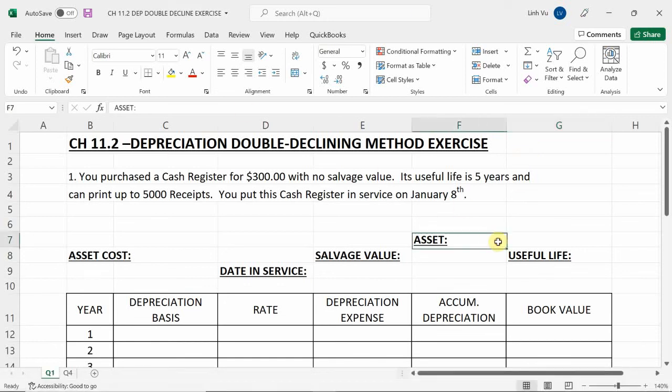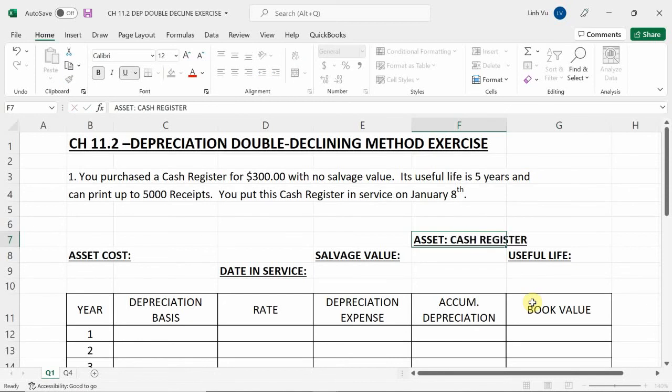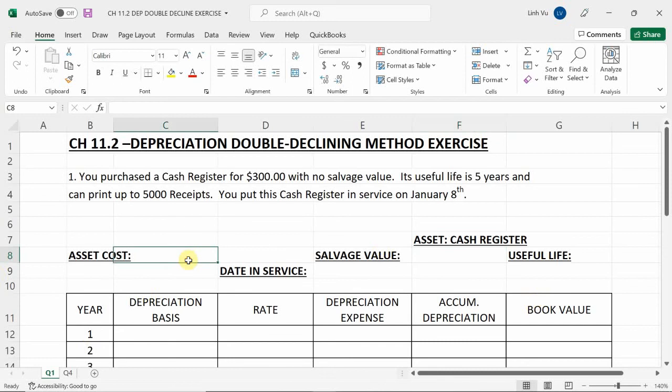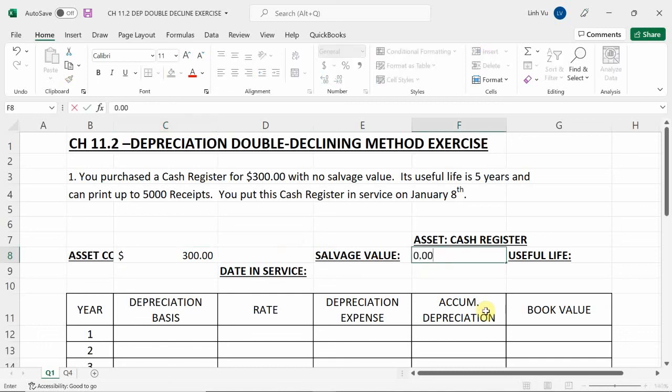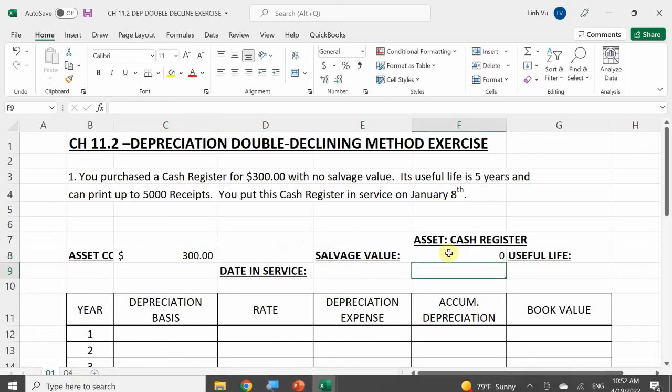So let's determine what was the asset that I bought. Cash register. How much did it cost me? $300. What's my salvage value? None, it's 0.